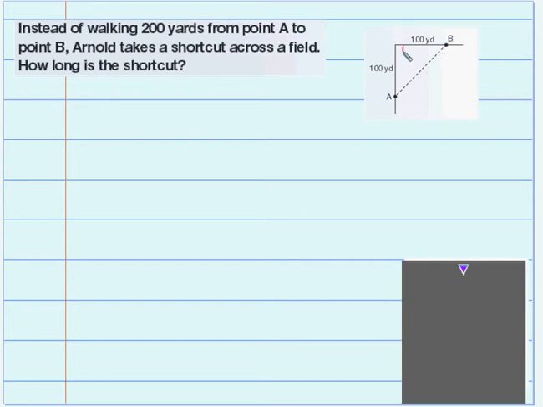Well, this is a right triangle, and I know that if I take 100 and square it, and I add the other leg and square it, I get the hypotenuse squared, and I'm just going to label that as C. So 100 squared is 100 times 100, plus 100 squared is 100 times 100, and that's going to equal C squared.